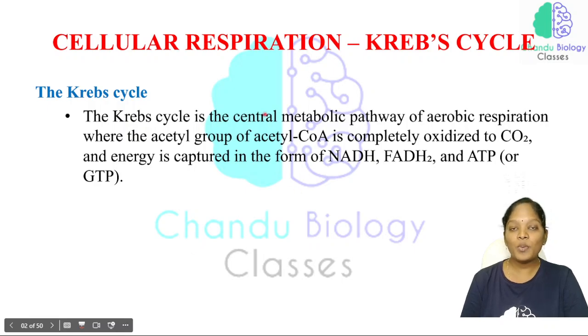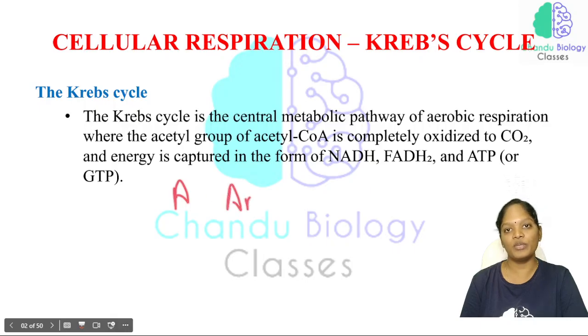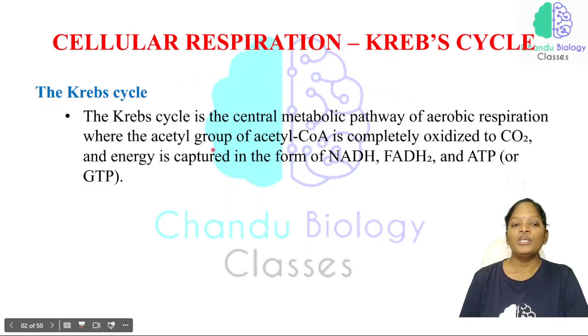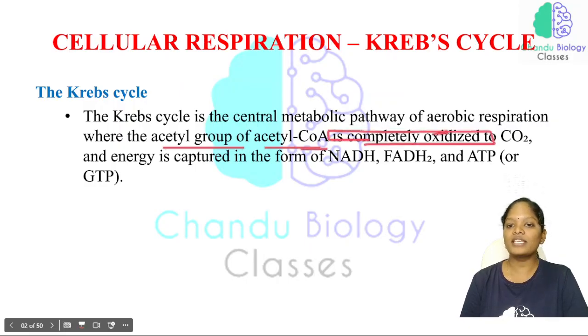That's why we are saying the Krebs cycle is the central metabolic pathway of aerobic respiration. Definitely that has to be aerobic respiration. Glycolysis takes place in both aerobic and anaerobic respiration, but the Krebs cycle definitely takes place in aerobic respiration. Here the acetyl group of acetyl CoA is completely oxidized to carbon dioxide.